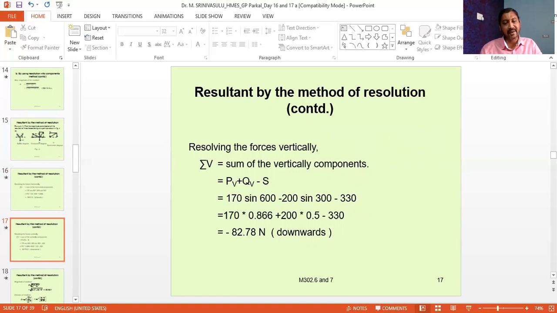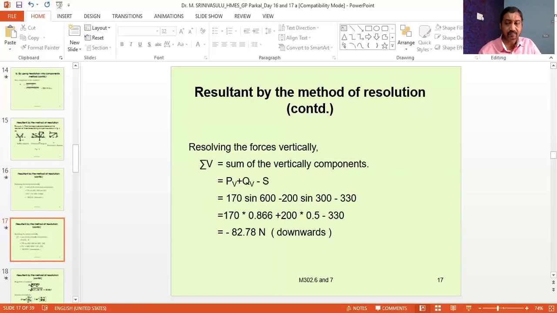So substituting the values, we will get the algebraic sum of the vertical forces. Sigma V is equal to minus 82.78 newtons. Here also we got the negative value because this vertical component is acting downwards. When it is acting downwards, it is taken to be negative because it is acting in the negative y direction. Therefore sigma V is equal to minus 82.78 newtons, acting downwards.